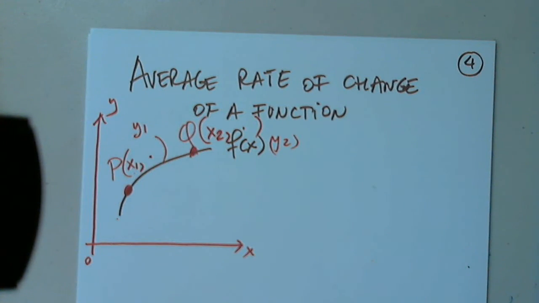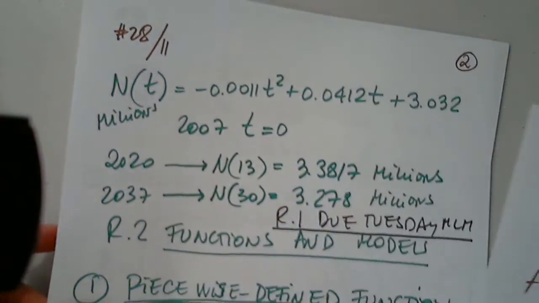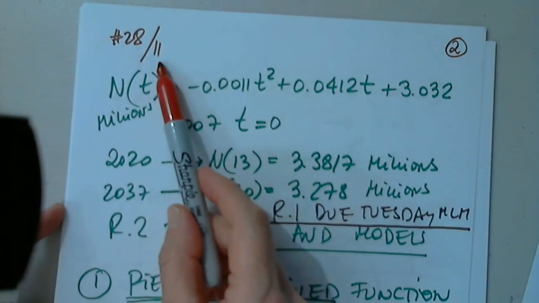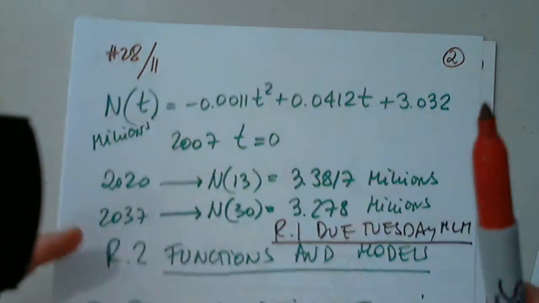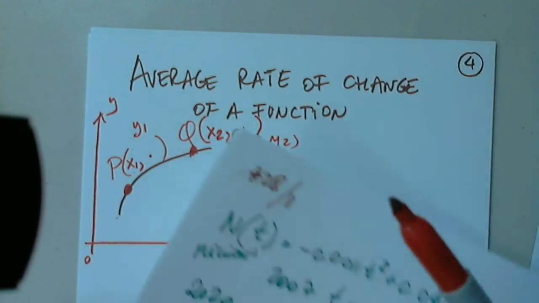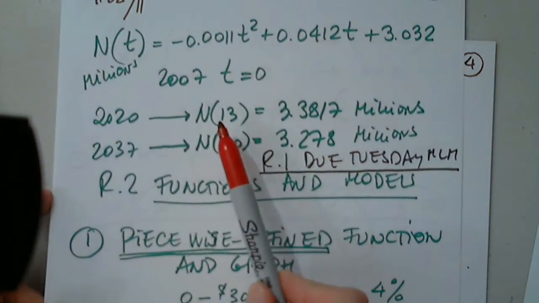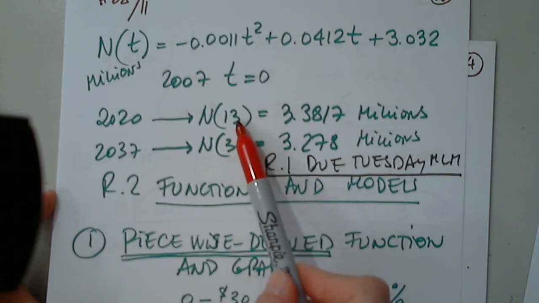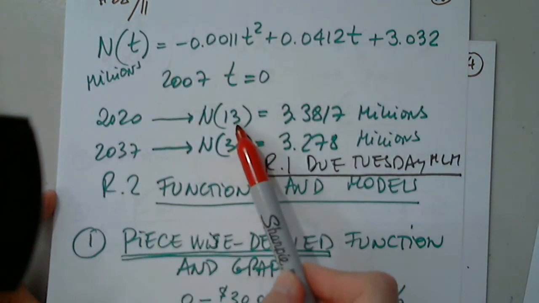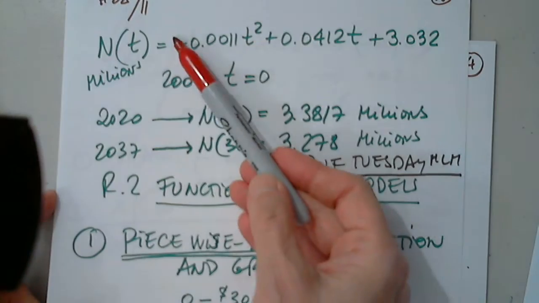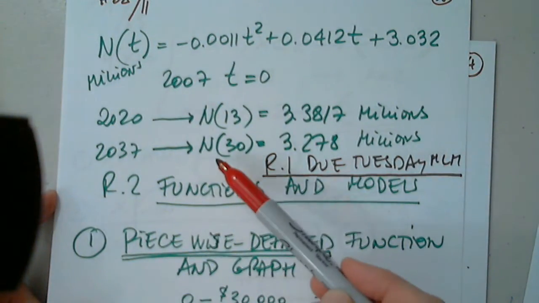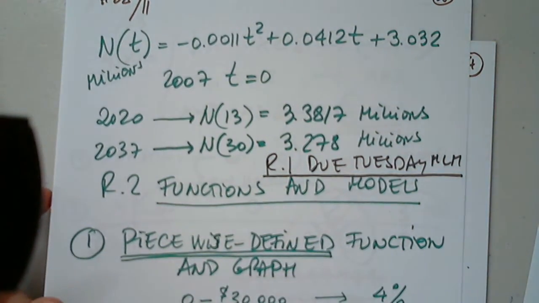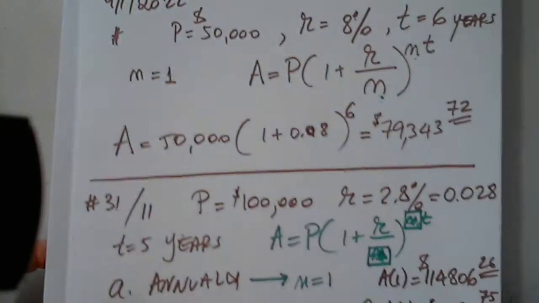So let's go back. We looked at this problem, 28 on page 11. We were given the function, so we have the function. We were told, find the value of the function when x or t is 13. Find the value of the function when t is 30. What did we do to find that?